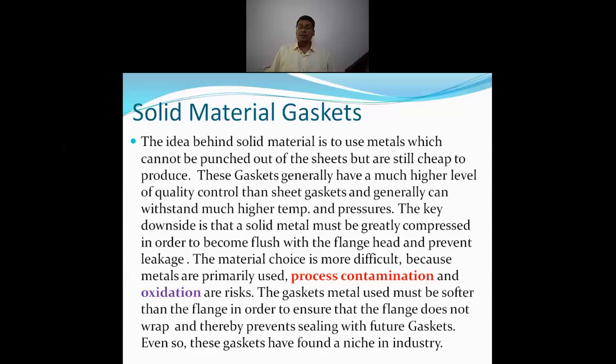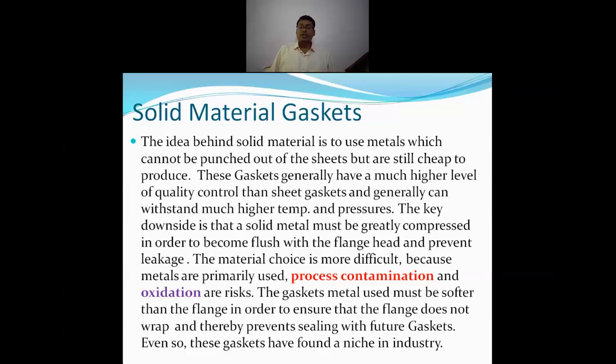I also have to think whether some oxidative reactions are taking place with this metal, or whether this gasket material gets corroded by this process fluid. So all these considerations have to be thought of related to the process fluid, process material and the gasketing material.